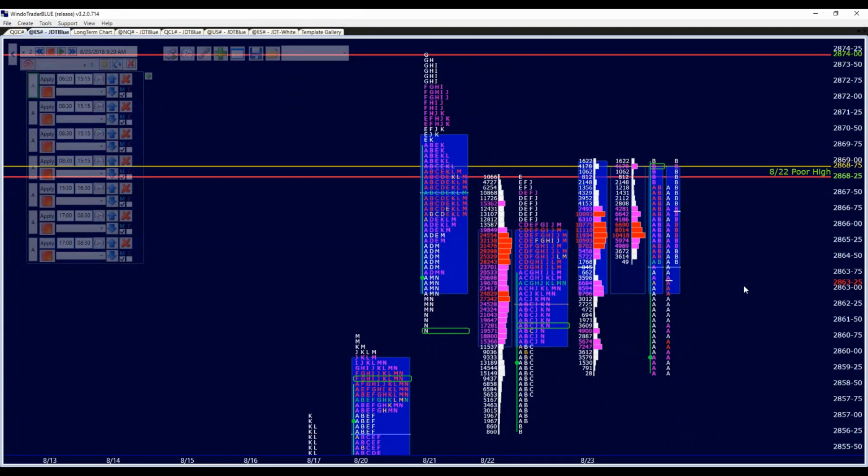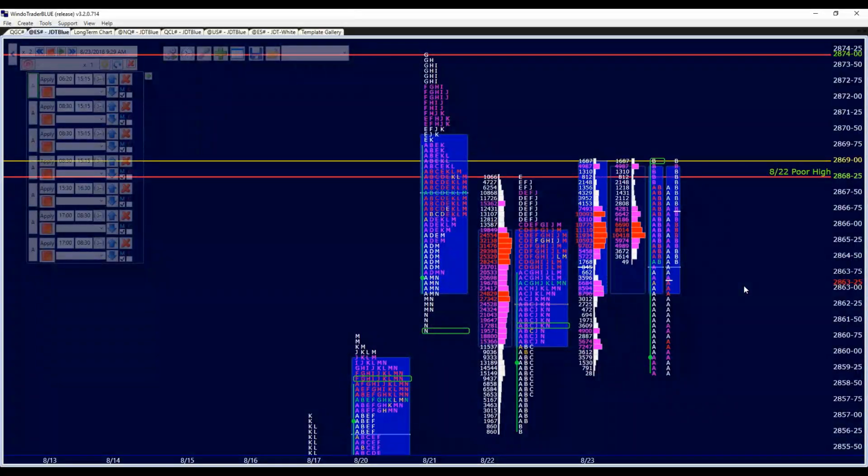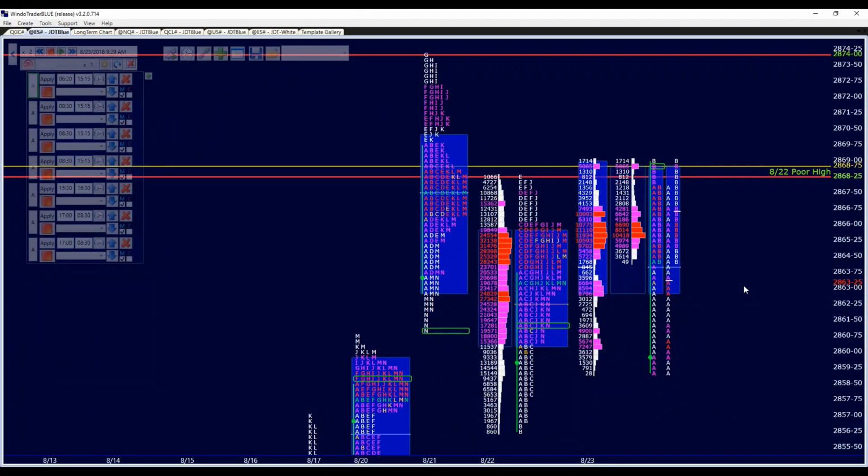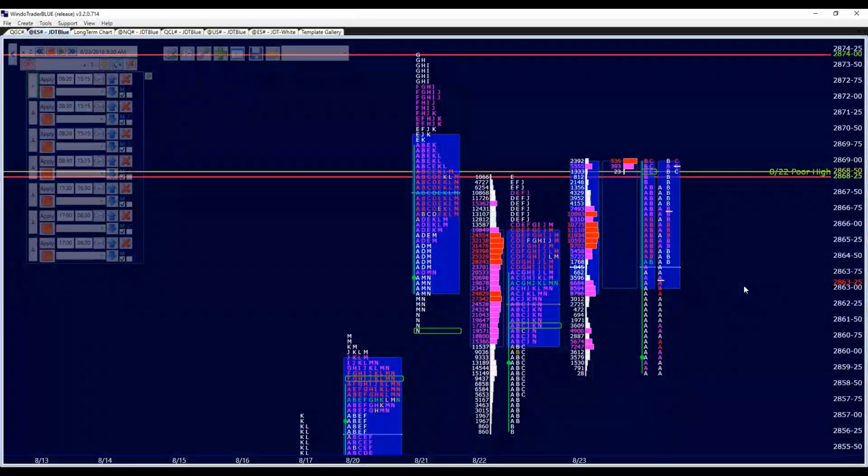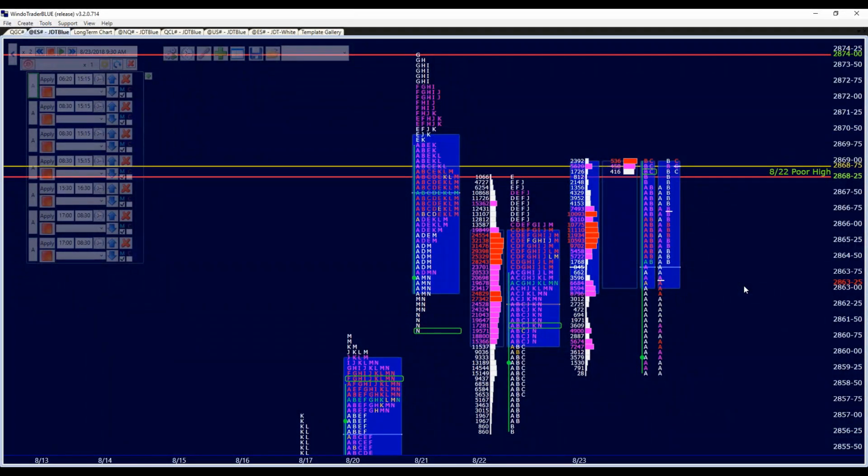Now remember, I said early on that the volume for the first period this morning was very low. When you have low volume like that, that decreases the odds that you will get much meaningful carry through to the upside. Now, as a trader, I'm watching this area very closely.